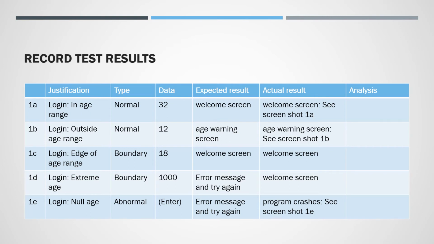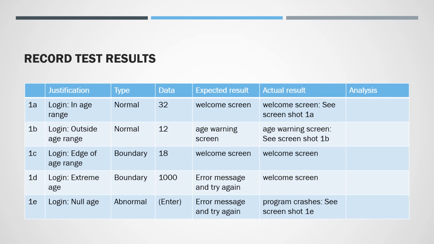So you can see here are my actual results. I've extended the test plan with an extra 2 columns and I've written what happened each time. And notice I haven't put the screenshots into my test plan because that would just look ridiculous. They'd either be so small that I can't read them, or so big that they'll distort the table.